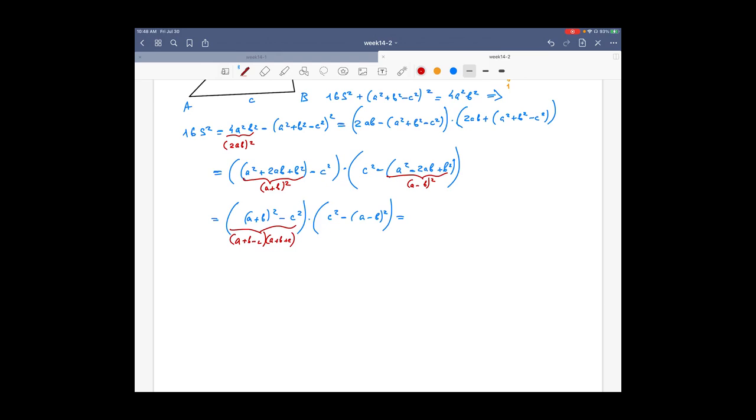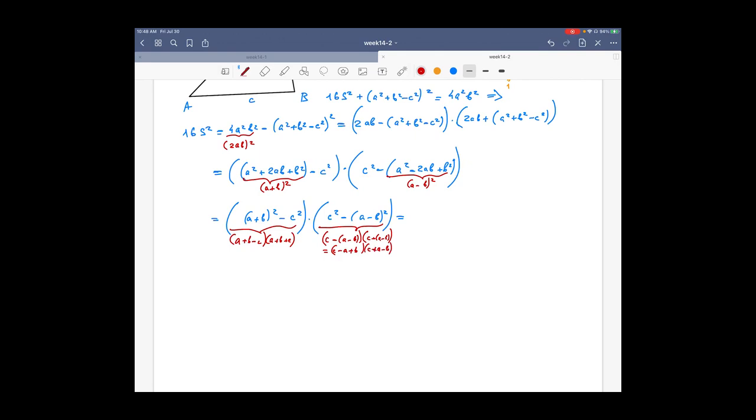And this here gives me c minus a minus b, c plus a minus b, which I can simplify as c minus a plus b, c plus a minus b.